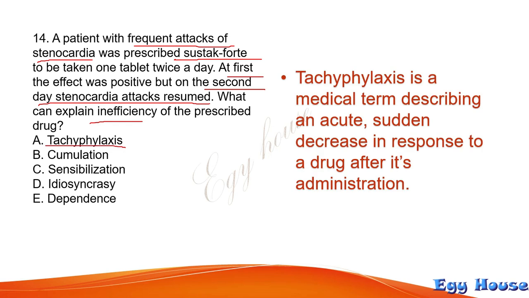Tachyphylaxis is a medical term describing an acute and sudden decrease in response to a drug after its administration, and it's mainly linked with time. But if with utilization and use, the effect of the drug decreases, this is dependence. If the main factor that caused the decrease of the efficiency of the drug is time, that means it's tachyphylaxis.